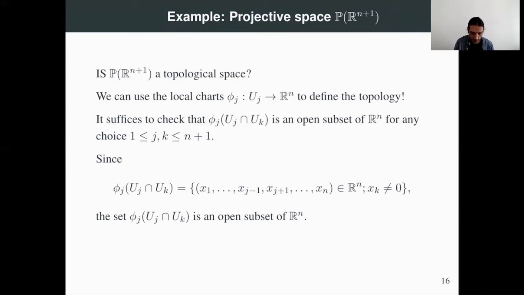Here there is a mistake because here it should be n plus 1, okay? But it's the set of vectors of this form such that the k coordinate is different from 0, and that's obviously an open set. So the topologies are compatible, and our projective space is indeed a real analytic manifold of dimension n.